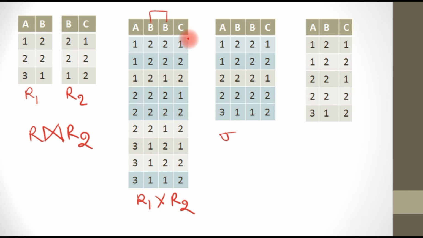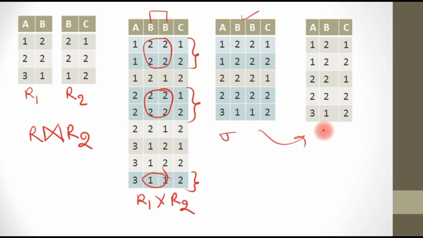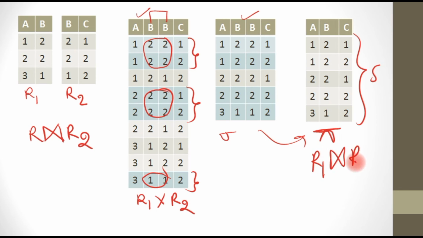Here, if you notice, these two and these two and this one have the same value of B. Can you notice here? So it will select all these tuples. Now we have these tuples here. Now from this relation, it will project the distinct columns A, B and C. So now we have 5 tuples out of this Cartesian product. So this is your R1 natural join R2.